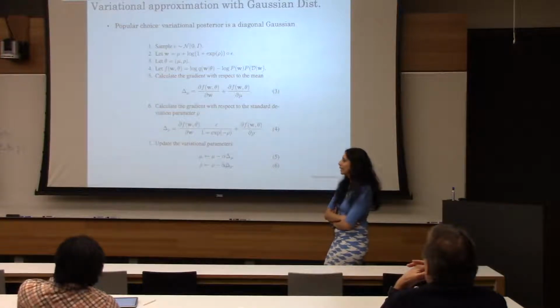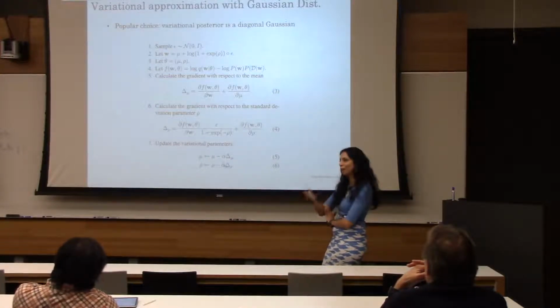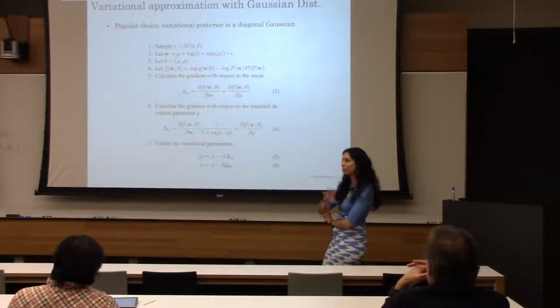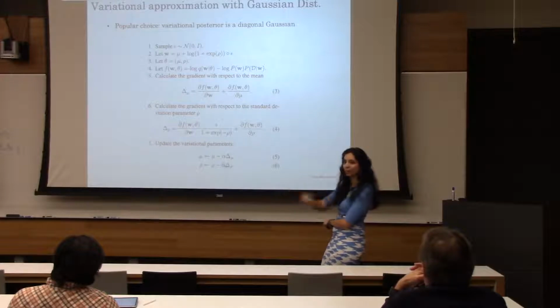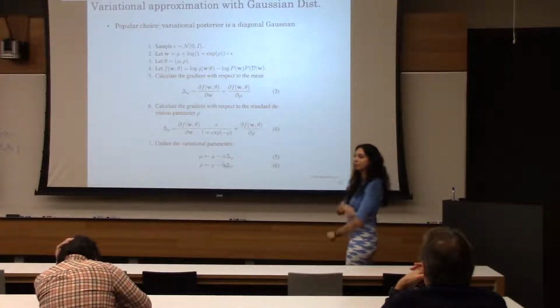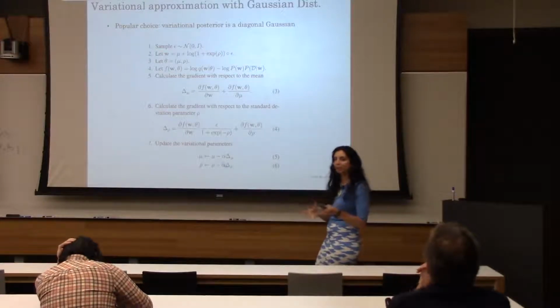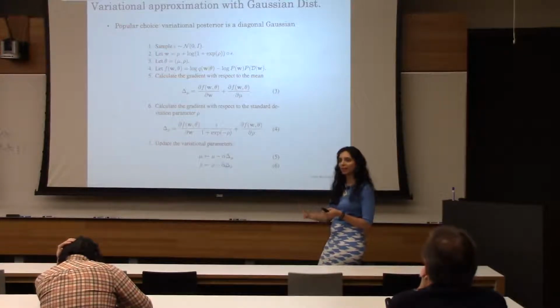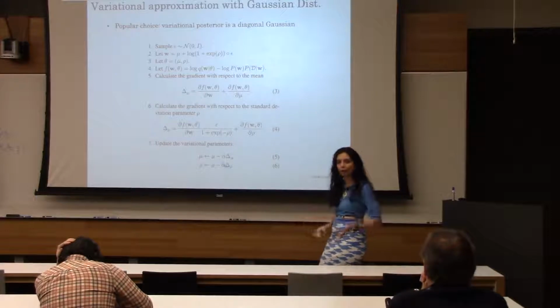It's still expensive because for each weight you have to draw multiple samples, and there are a large number of weights in the biggest networks, potentially up to 1 billion. So many times people just try to have a subset of weights having a Gaussian prior rather than all of them.